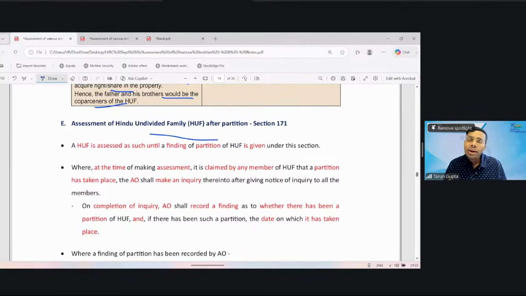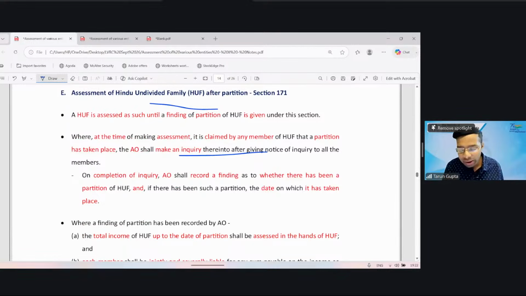If at the time of making an assessment, some of the members raise a point that a partition has happened, then the tax officer shall make an inquiry, and on completion of the inquiry, he shall record a finding whether there is a full partition or not.